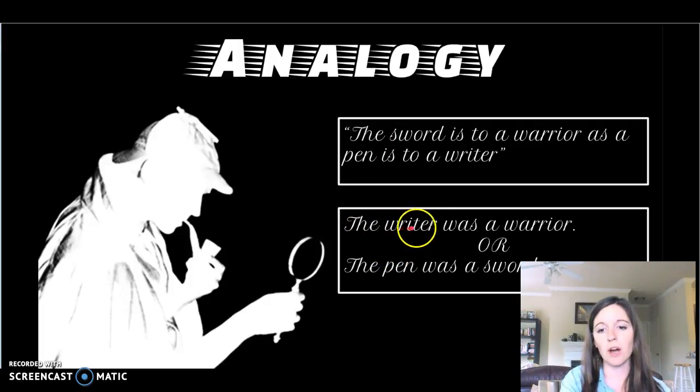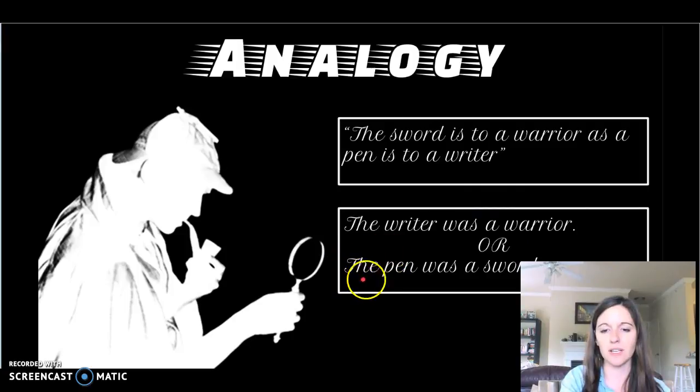The first would be the writer was a warrior. It's comparing two unlike things, the writer and the warrior, in order to help us better understand one of the things, the writer. In this case, the speaker would be persuading us to understand that writers too can incite change like warriors, except not through violent means. So that is a metaphor.